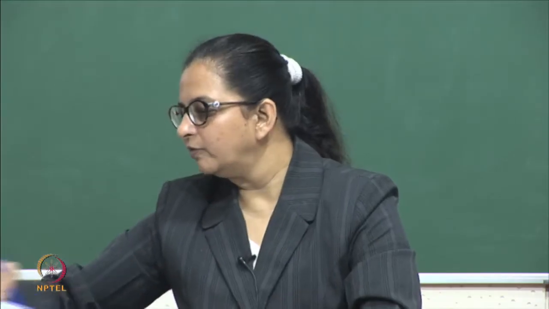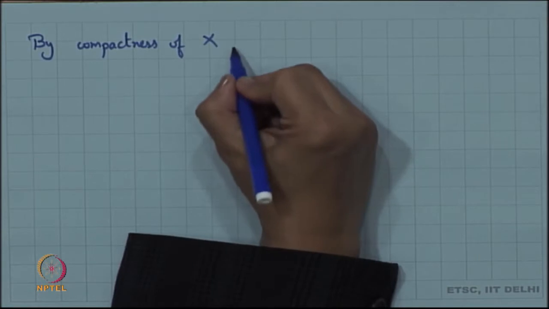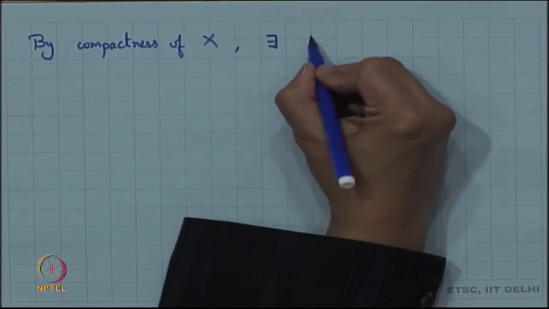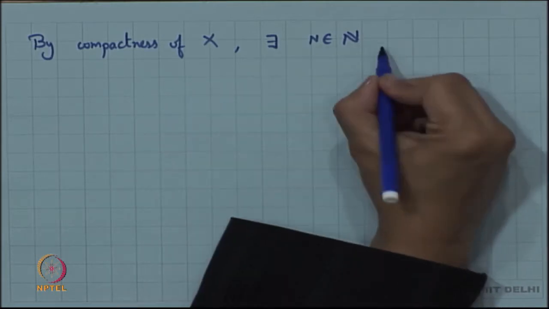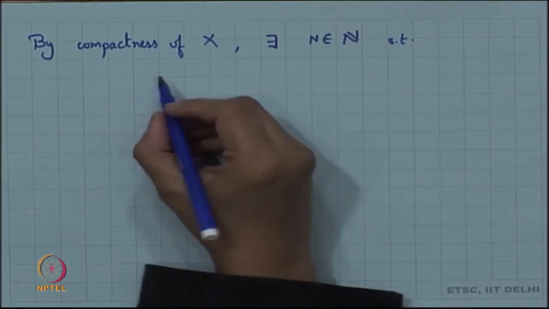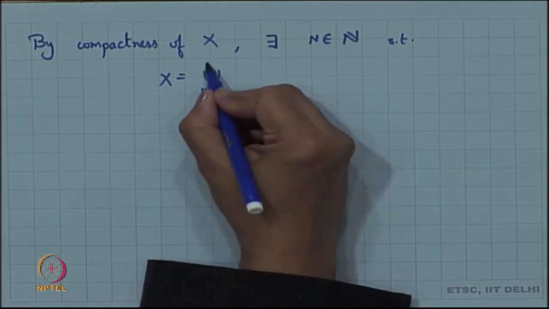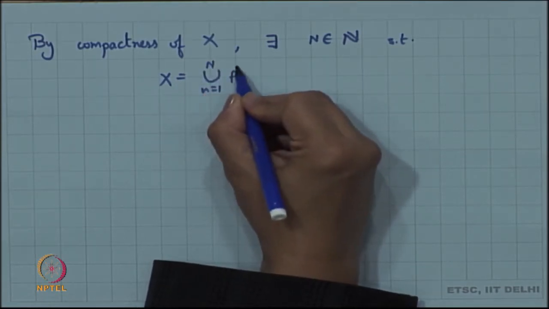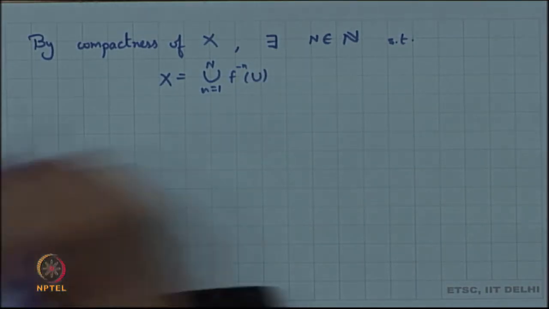And so by compactness of X, there exists an integer N in the natural numbers such that X is the union of f^{-n}(U) for n going from 1 to N. Now this is an interesting fact.